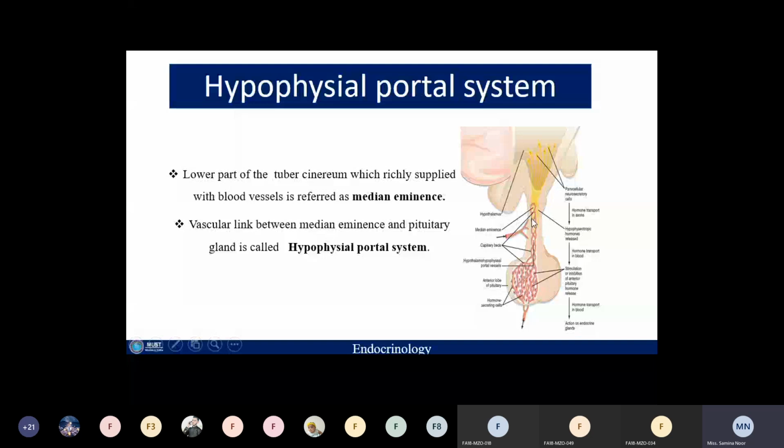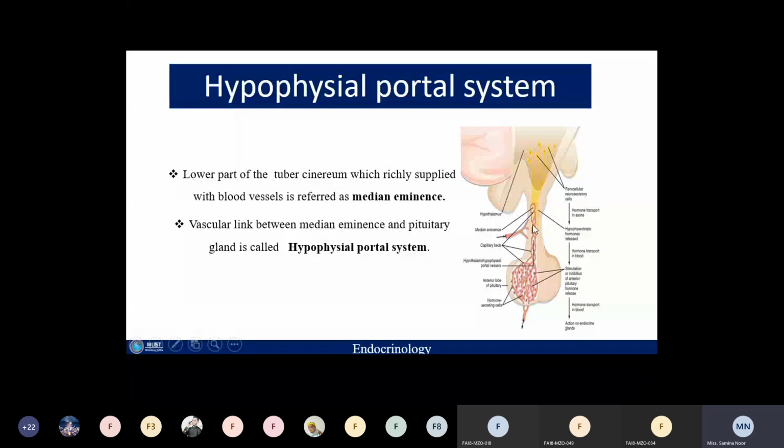So this region of the hypothalamus is known as the tuber cinereum. Its downward protrusion towards the pituitary gland is known as the median eminence, and the median eminence is richly supplied with blood vessels.